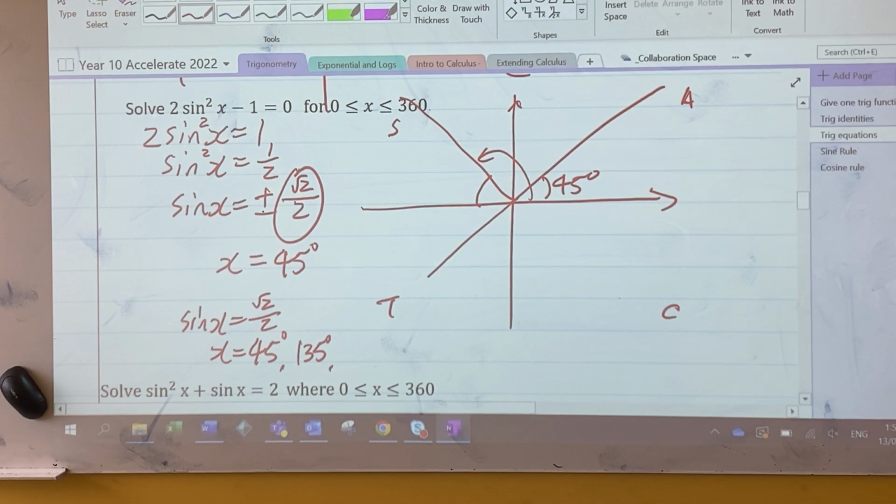This one, negative. So it's going to be what? 45. So what's the next triangle? 225. And finally, it's 315. Because that's another 45. How did I get 315? It's 360 minus 45.